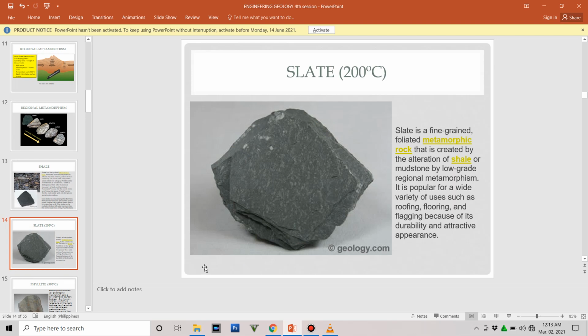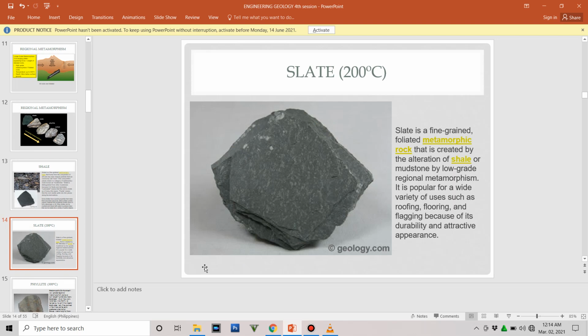Okay, so it is an altered shale. Okay, kaya halos magkakulay sila nung shale. So it is a low-grade regional metamorphism because yan, medyo mataas na yan, kaya lang hindi gaanong kataasan yan when we talk of metamorphism. So the level of grade is low grade.